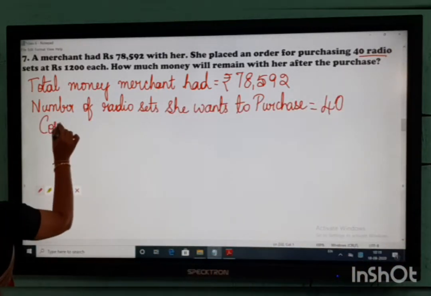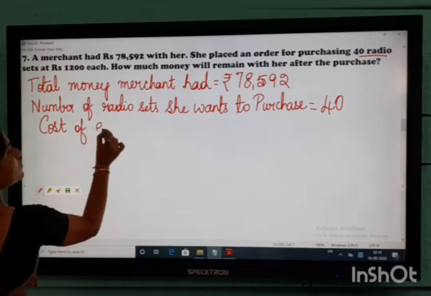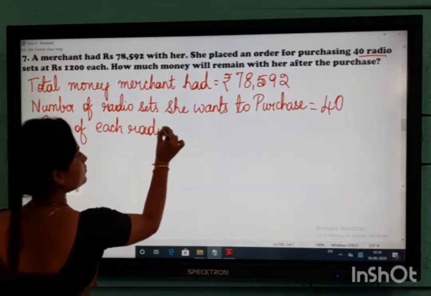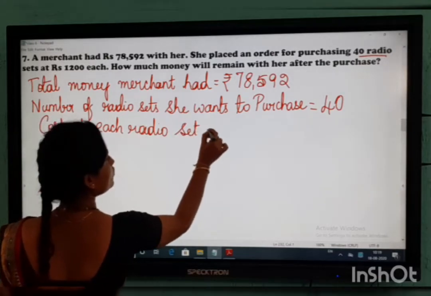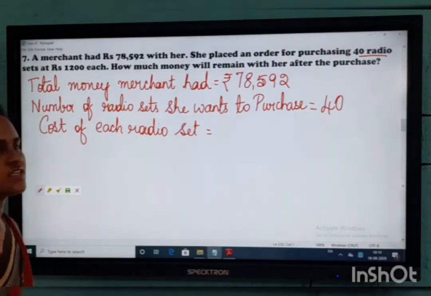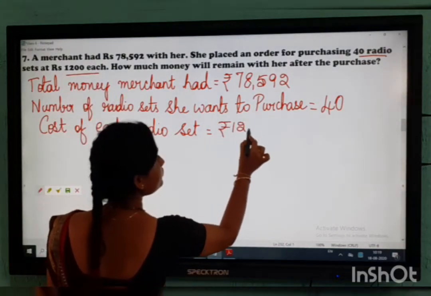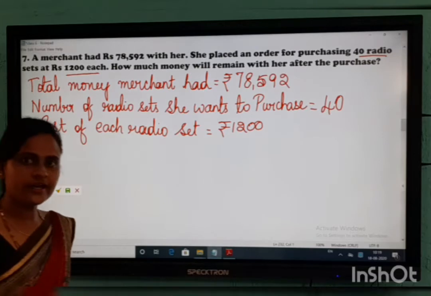Now, cost of each radio set equals. What is the cost of each radio set, children? Cost of each radio set is 1,200. Right?